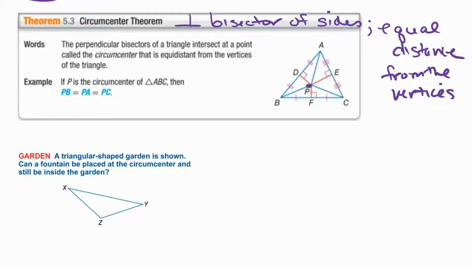So in other words, if P is the circumcenter, then PB is equal to PA is equal to PC.